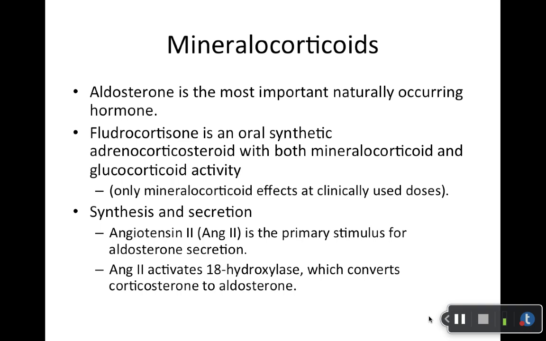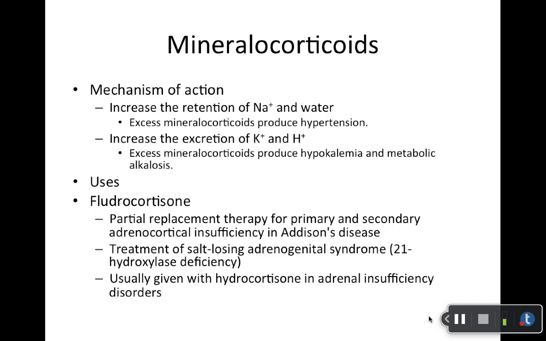However, when it's dosed at low doses, you only have to be worried about the mineralocorticoid effects. So this is how it's synthesized and excreted. Just read through that. Mechanism of action: increases retention of sodium and water, so if you have too much, it produces hypertension. And then it increases the excretion of potassium and the hydrogen protons.